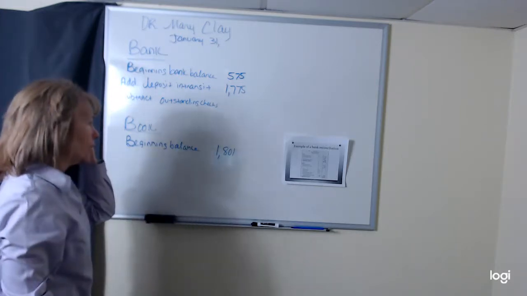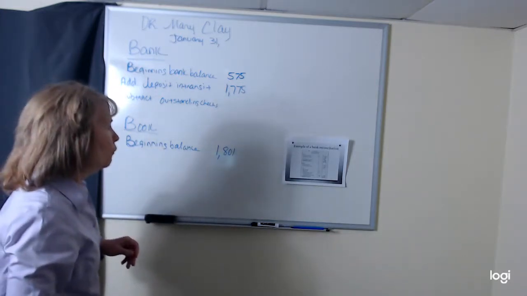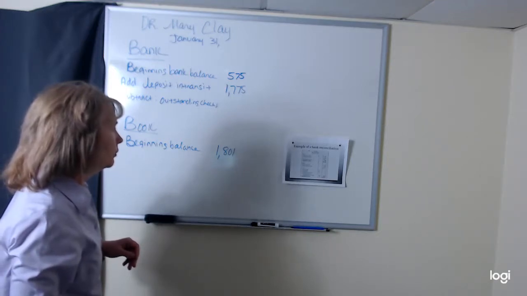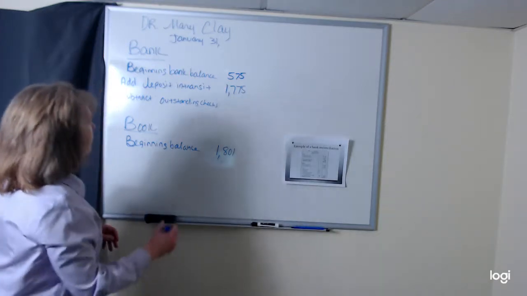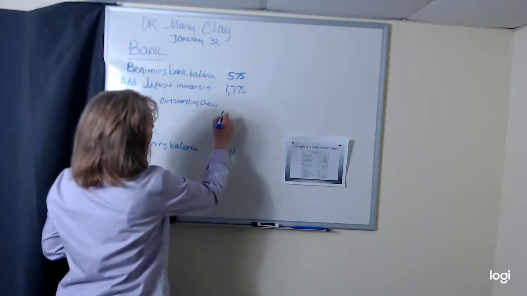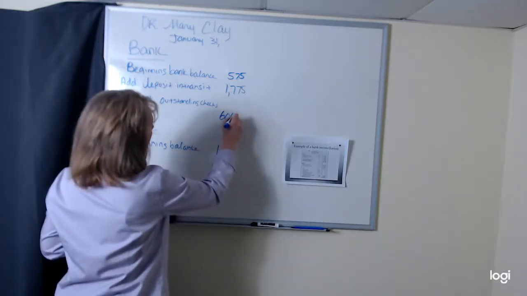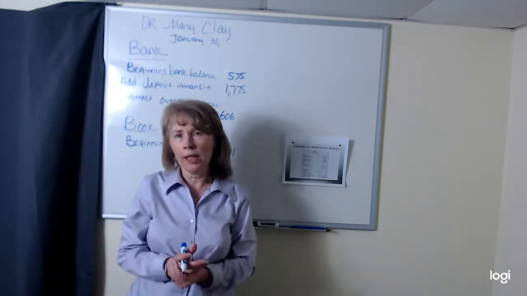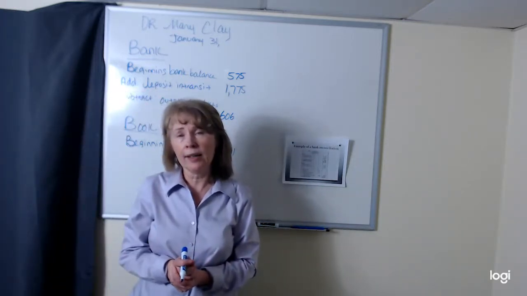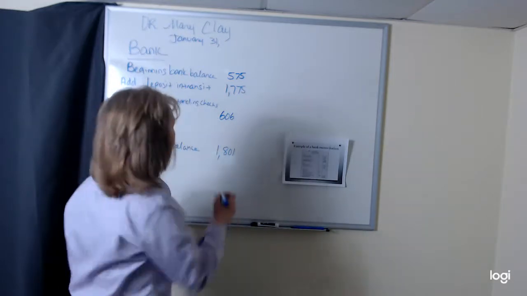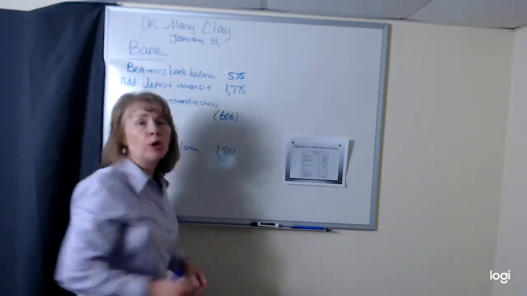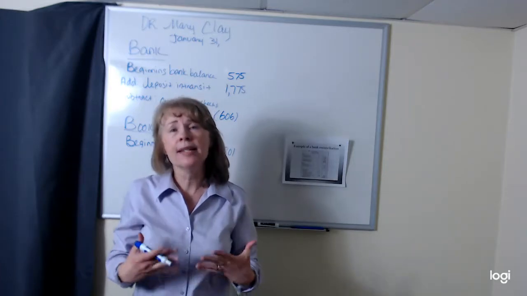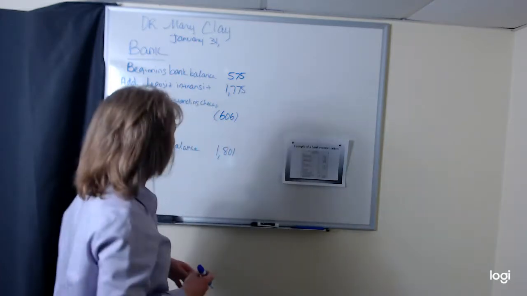And you will always subtract outstanding checks. Okay, so outstanding checks for my example is 606. Okay, and I'm totally fine when you're working with your notes before you work in the lab if you show this as a negative. However, when you work in the lab, it will be shown as a positive number. You just need to know to subtract that.